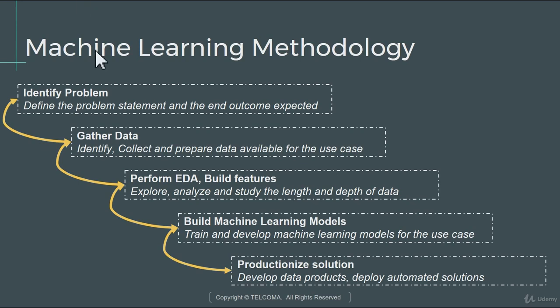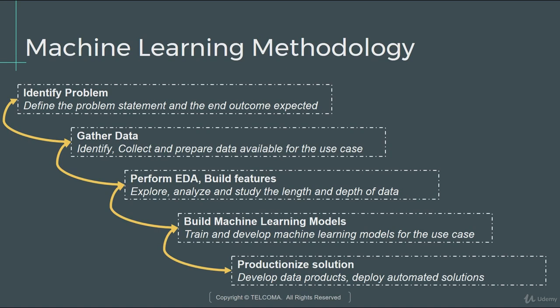When you build a machine learning model, you're solving a specific problem within a larger problem. So the process first starts by identifying the problem. In the example we have been detailing, identifying the problem means building a machine learning model for predicting customer churn, predicting when a customer will churn out from your retail chain and so on.